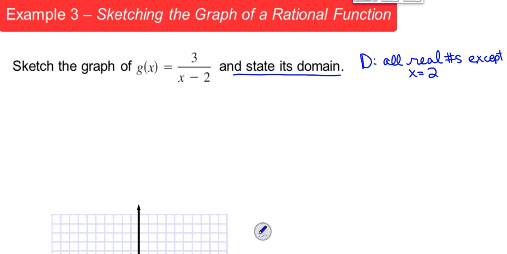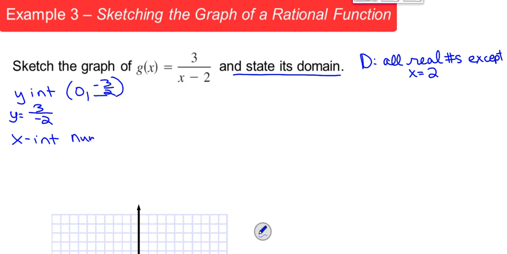Then we'll find next the y-intercept is when x is 0. And so when x is 0, I get y equals 3 over -2, and so -3/2. The x-intercept would be when that numerator is equal to 0.